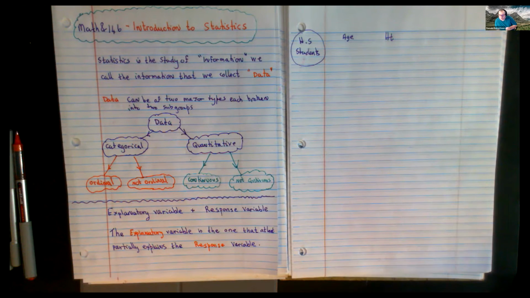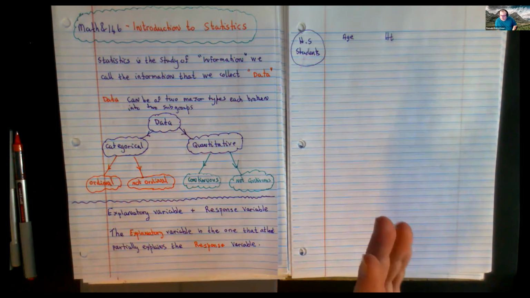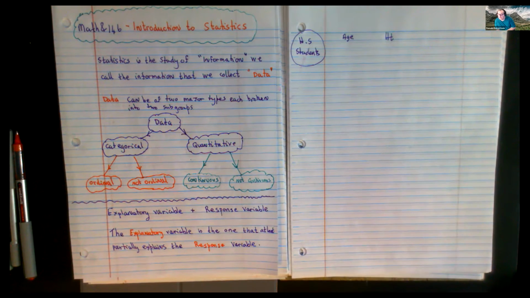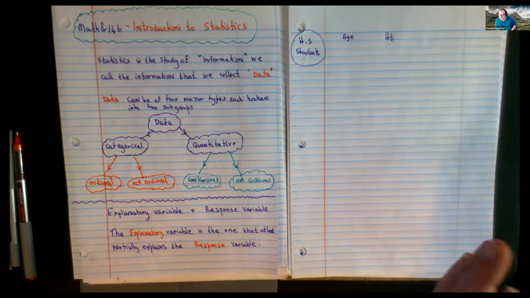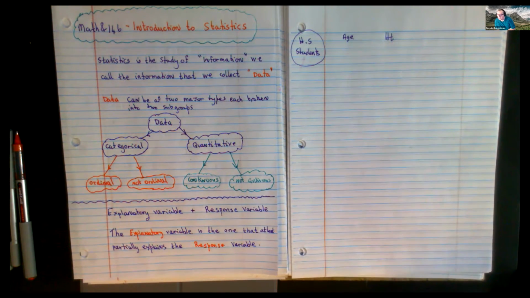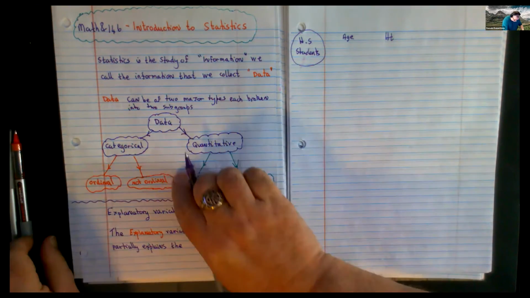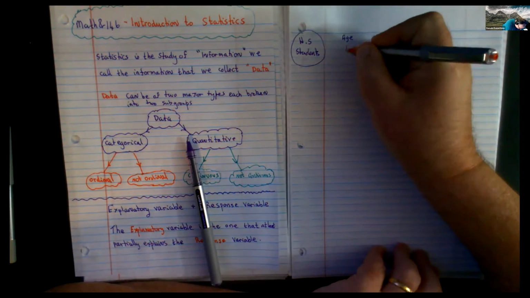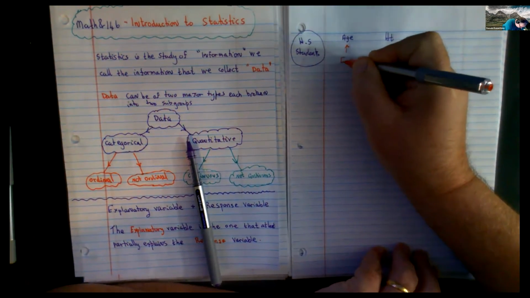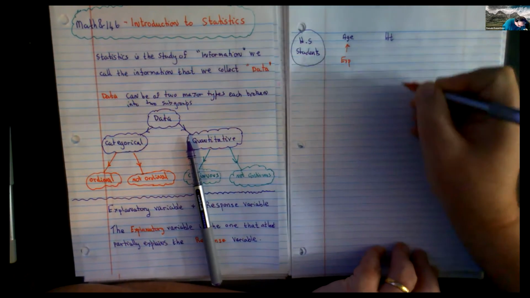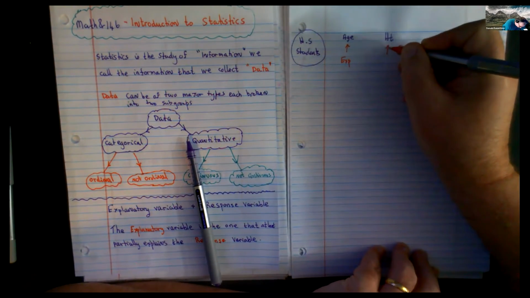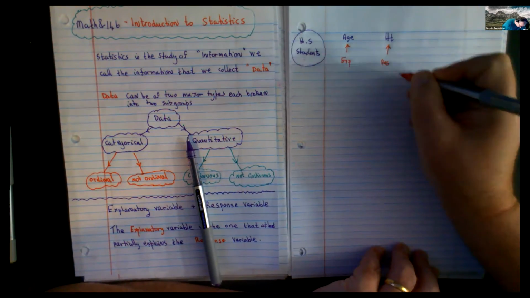If you looked at that data, wouldn't there be some connection between the age of that student and the height of that student? In other words, 14-year-old students are typically smaller than 18-year-old students, right? So in that world, this one is called the explanatory variable, and this one is called the response variable.